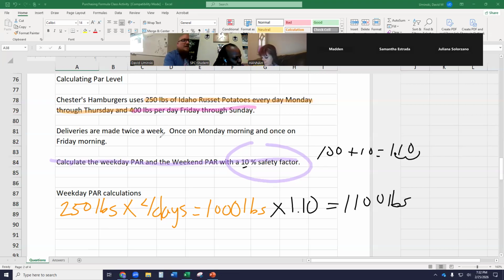Next, our weekend par. We have 400 pounds times 3 days, right?